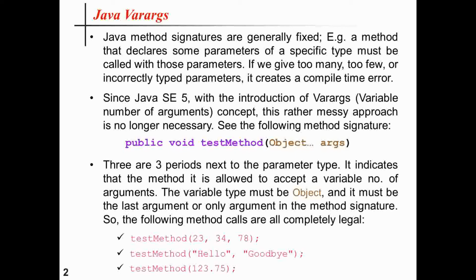That particular problem can be solved by using the concept of method overloading prior to Java Standard Edition 5. So suppose we consider a method that tries to add two values. It may be int, so it is an integer sum.